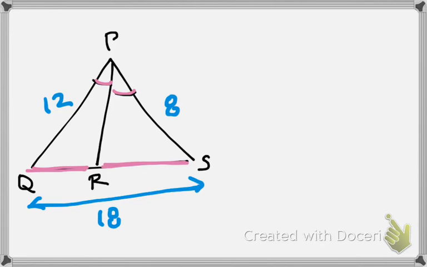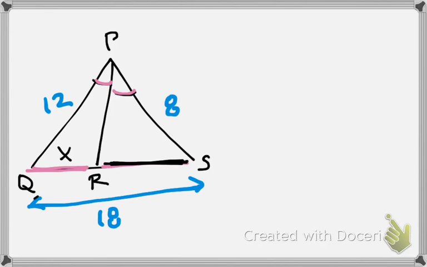So my goal is to find QR. That's what I'm being asked to find. So I'm going to call QR x because that's the segment I'm interested in. And as a result, I still need to now identify what is RS in relationship to whole QS.